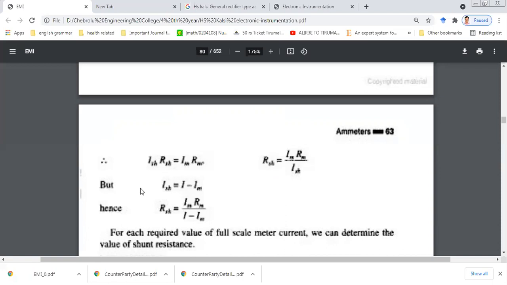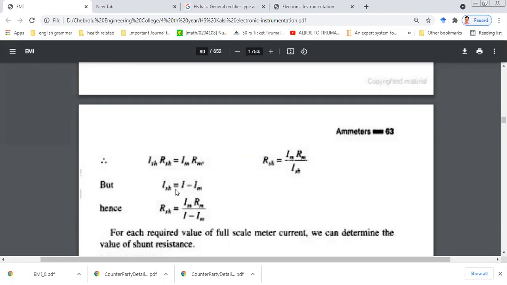Whereas the shunt current ISH is equal to I minus IM, because the total current is the combination of the shunt current and the meter current, or full scale deflection current.